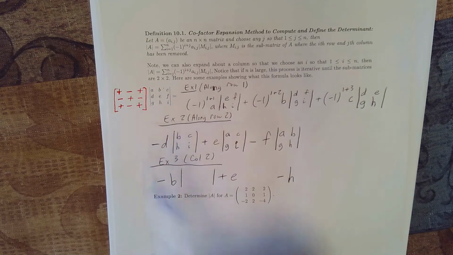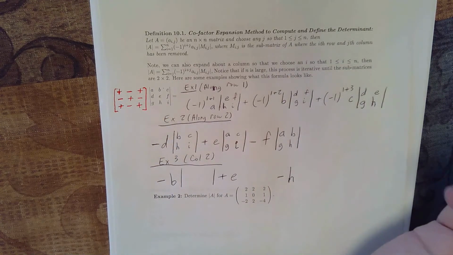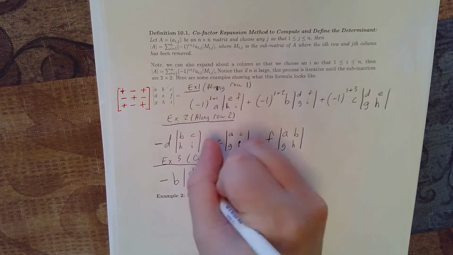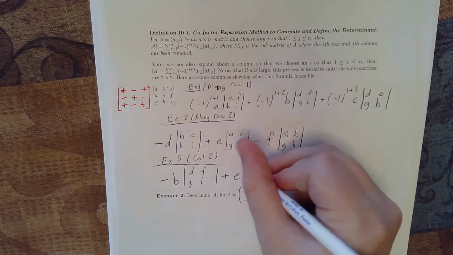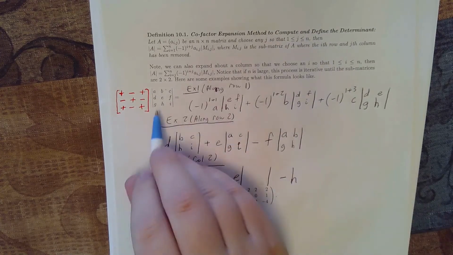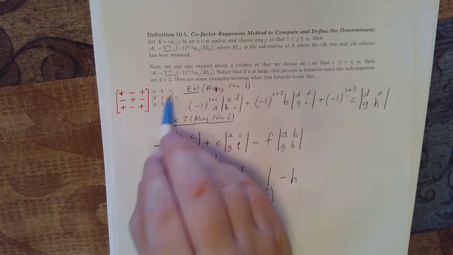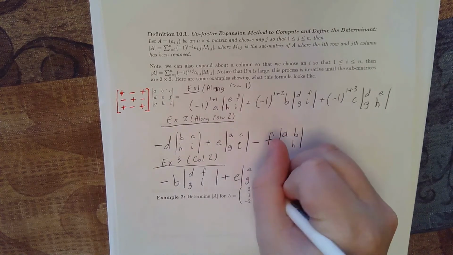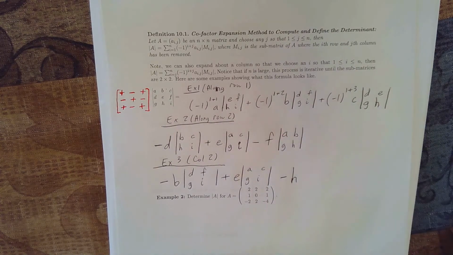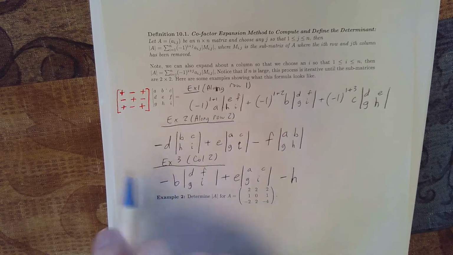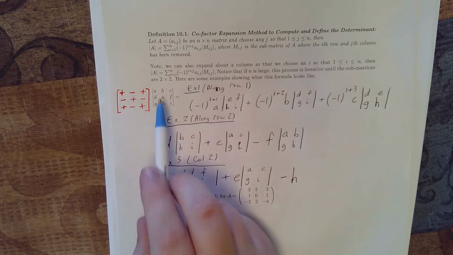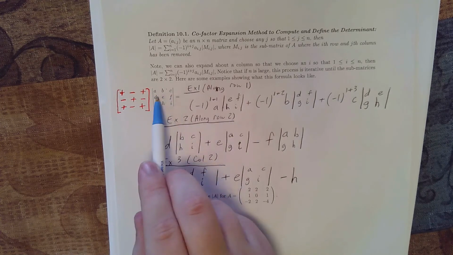So it'll be D, F, G, I, plus E times, since it's in the second row, second column, it would be A, C, G, I that is left. And then for H, because it is in the third row and second column, we'll be using A, C, D, F.